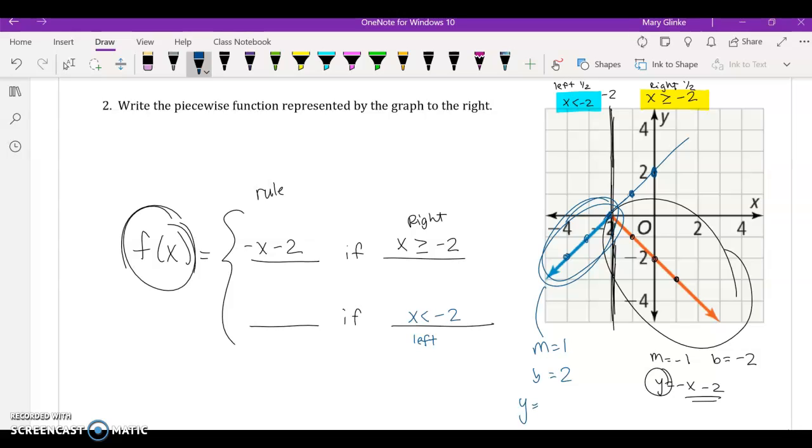So our equation would normally be y equals 1x plus 2. So we're going to take the x plus 2, and that would be our rule for the left half of the graph. So again, the rule part, this is telling us what line is graphed. This is telling us what part of the line is graphed.